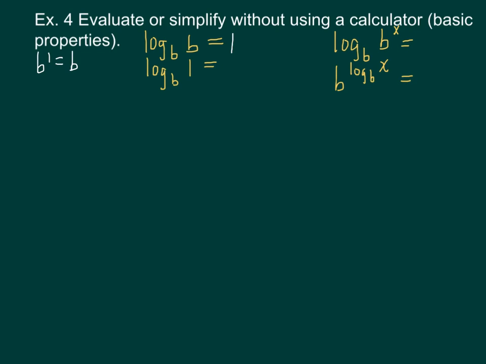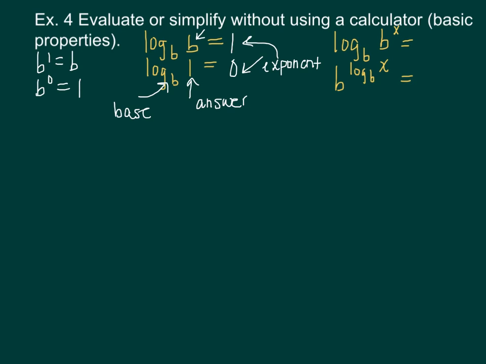And then the second property is when you're taking the log base b of 1, the answer is always 0, because any number to the 0 power is always 1. You have to remember now, these are your exponents. So you're raising b to those powers to get these answers. And then b represents your base.